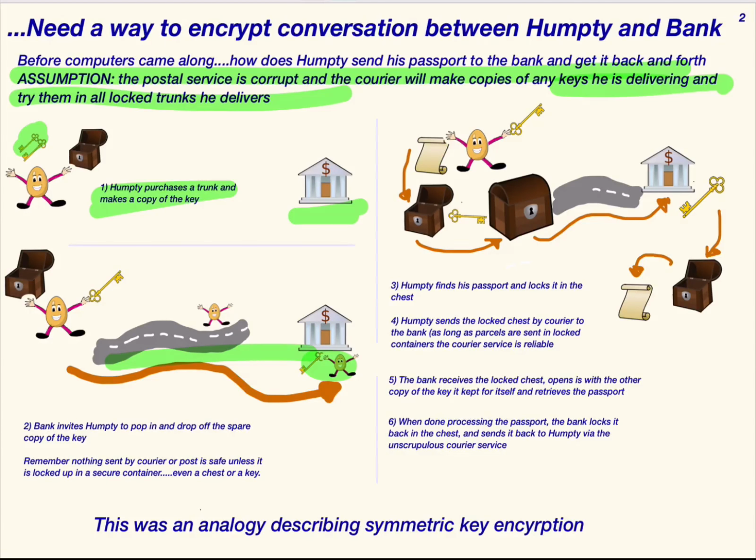And because Humpty and the bank both have their own copy of this key that locks and unlocks this chest, this channel, if you like, of communication is totally secure. But it did require Humpty to go in person once to deliver the copy of the key to the bank.